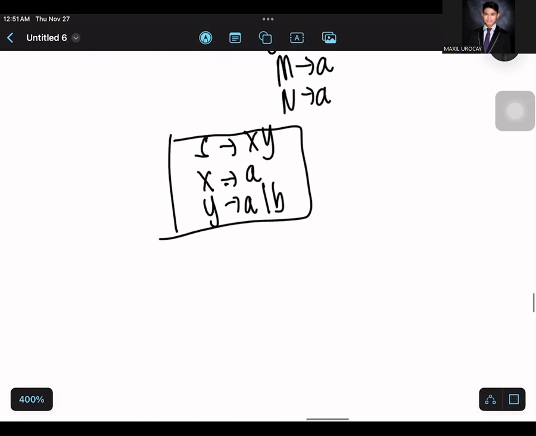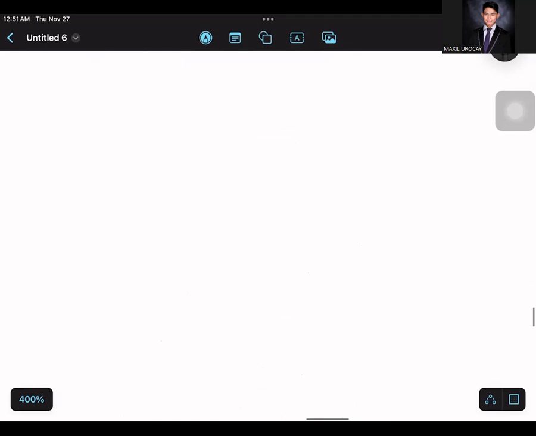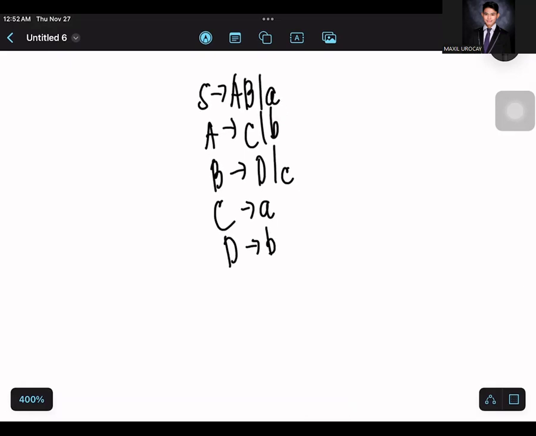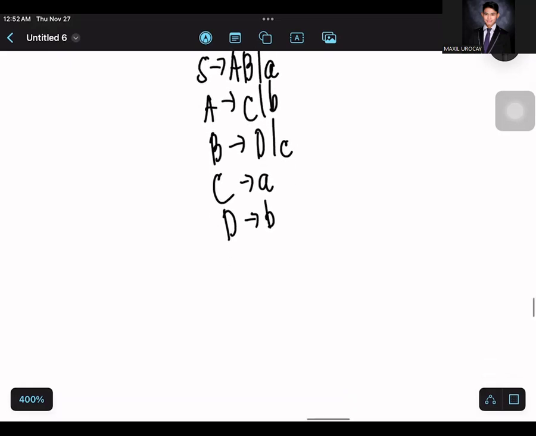Those are the details. Another example, suppose that we have this one. Now what are the violations here?